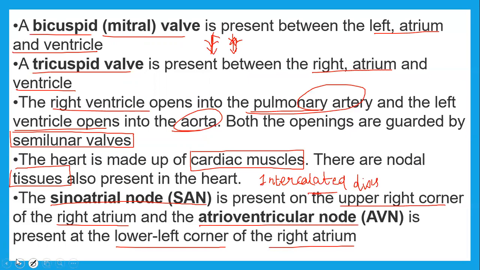The bicuspid valve is present between the left atrium and left ventricle. The tricuspid valve is present between the right atrium and the right ventricle. The right ventricle opens into the pulmonary artery through the pulmonary semilunar valve, and the left ventricle opens into the aorta through the aortic semilunar valve. The heart is made up of cardiac muscle containing intercalated discs, an important property of cardiac muscles.